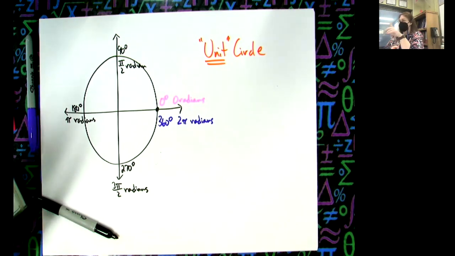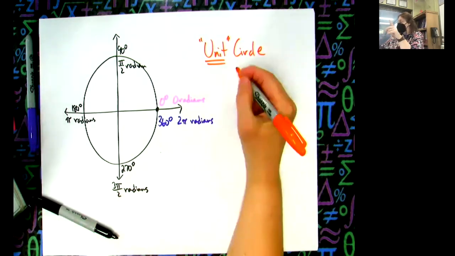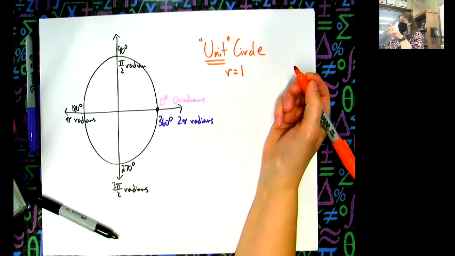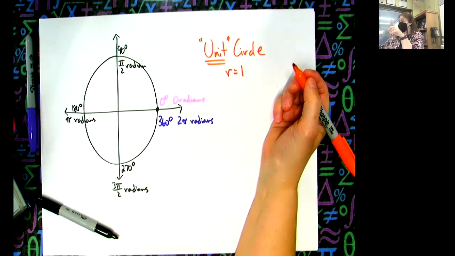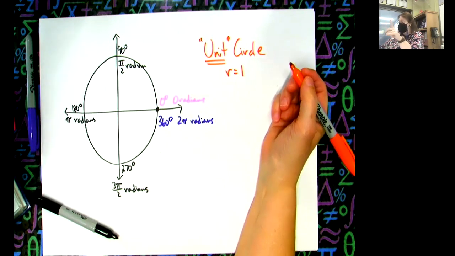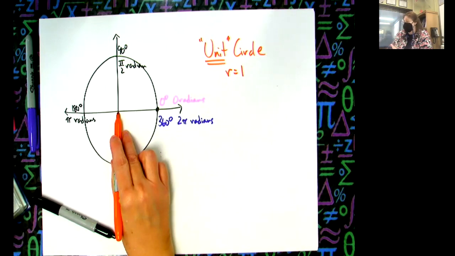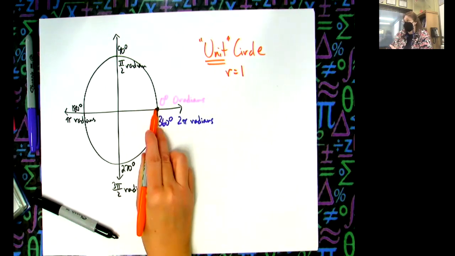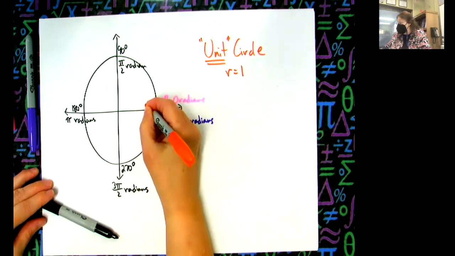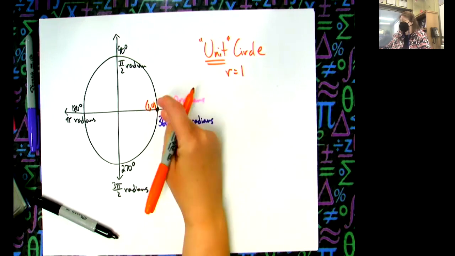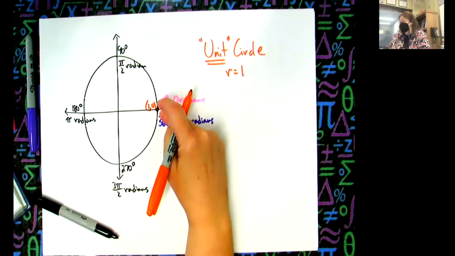A unit circle is based on 1 unit, or in other words, a radius equal to 1. Unit means 1, so the distance from the center to here is 1. So this ordered pair would be 1, 0, because that's a unit circle, so that radius is 1.